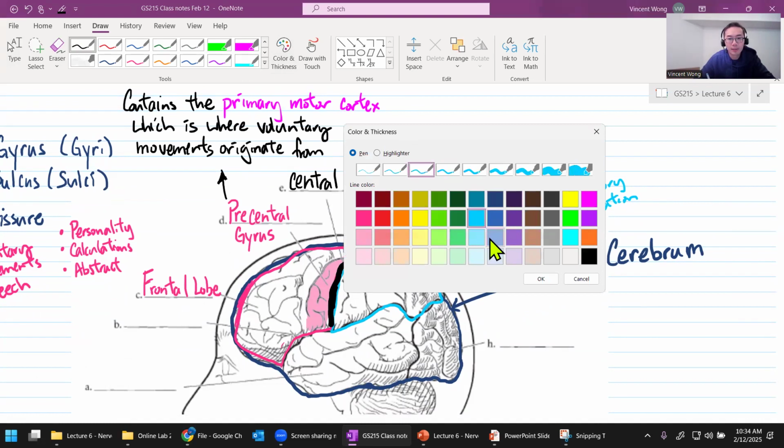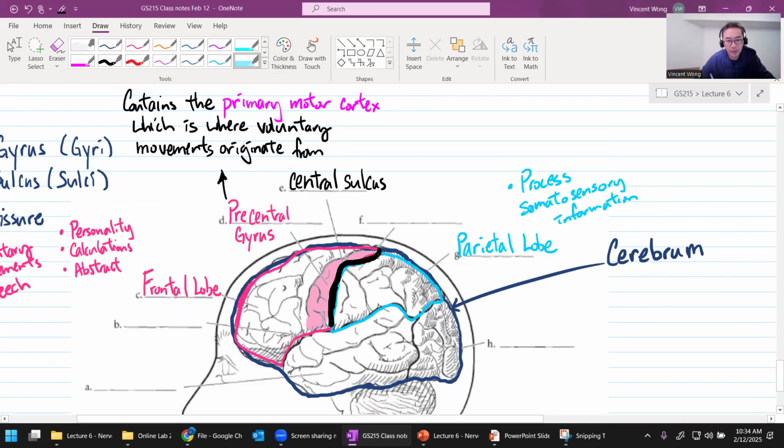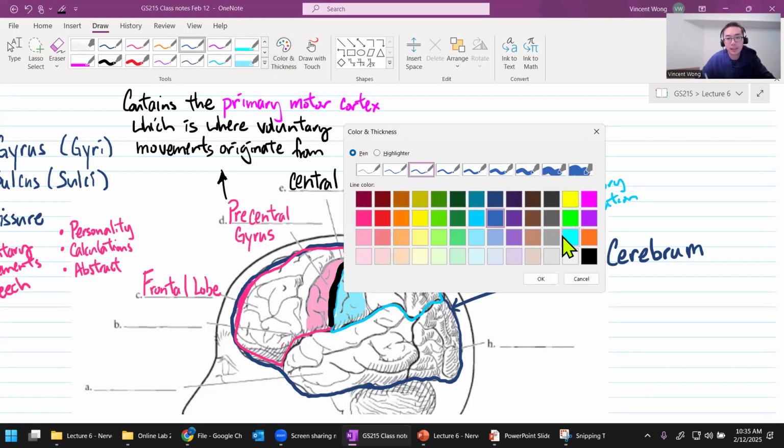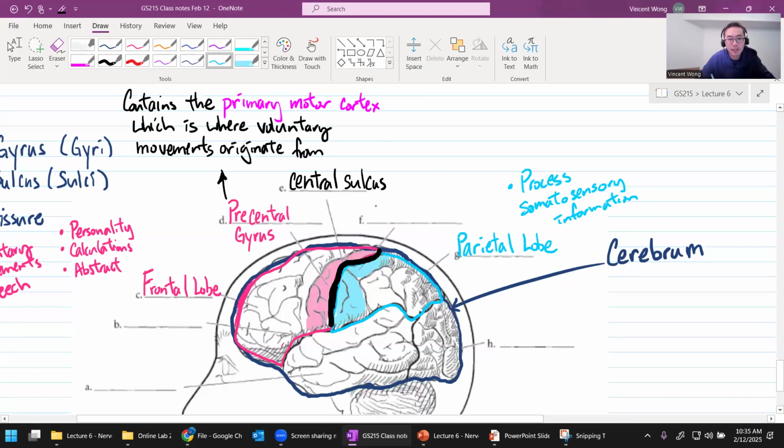Now, if you understood that, then the next part will be easier. Behind the central sulcus, you would have another bump. This bump is found on the parietal lobe, and you can probably guess the name. It is the postcentral gyrus.